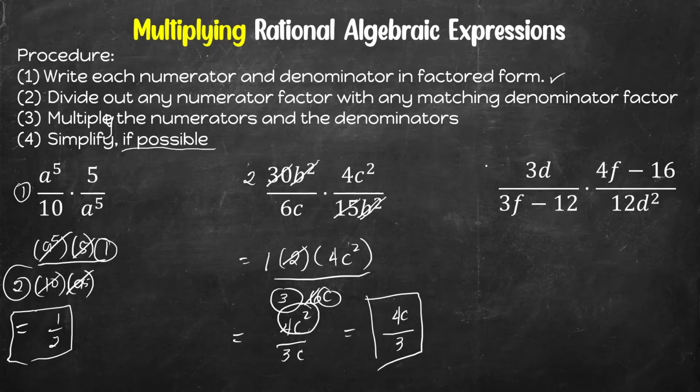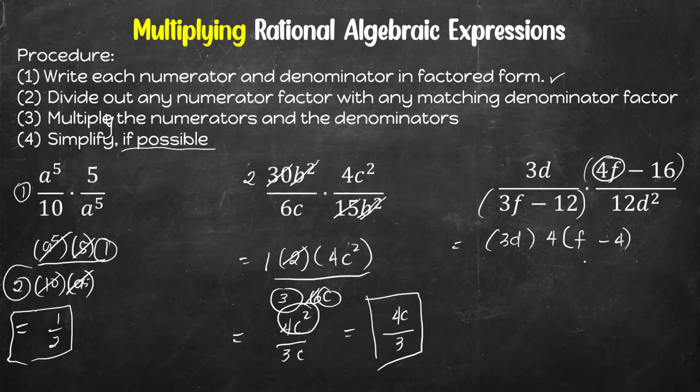But, as you notice, pwede natin i-factor ito at pwede din natin i-factor ito. So, let's retain 3d. Ang factor ni 4f minus 16, they are both divisible by 4. So, basically, it will become 4 times f minus 4. So, paano po nangyari yon? 4f divided by 4 is f. Negative 16 divided by 4 is negative 4.